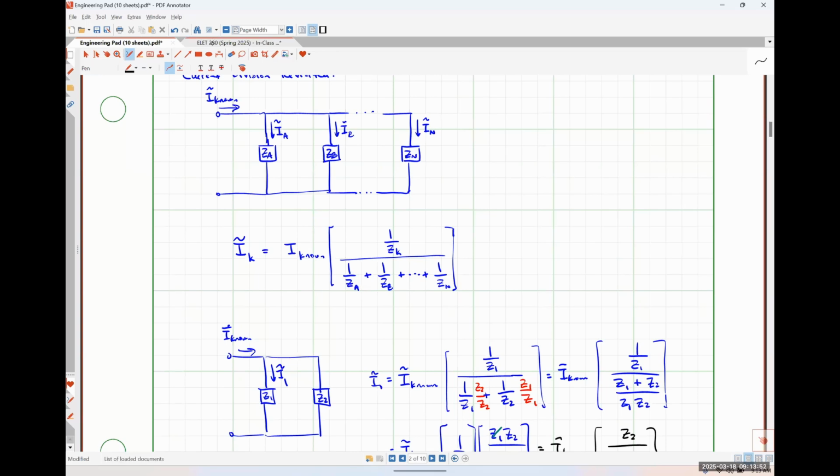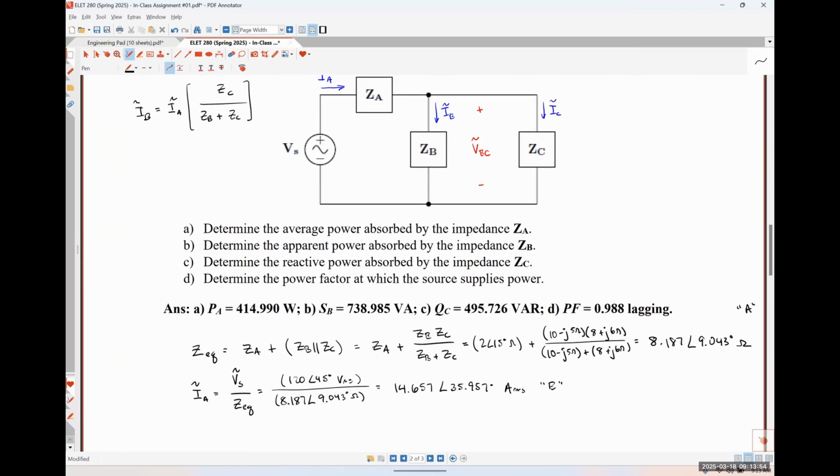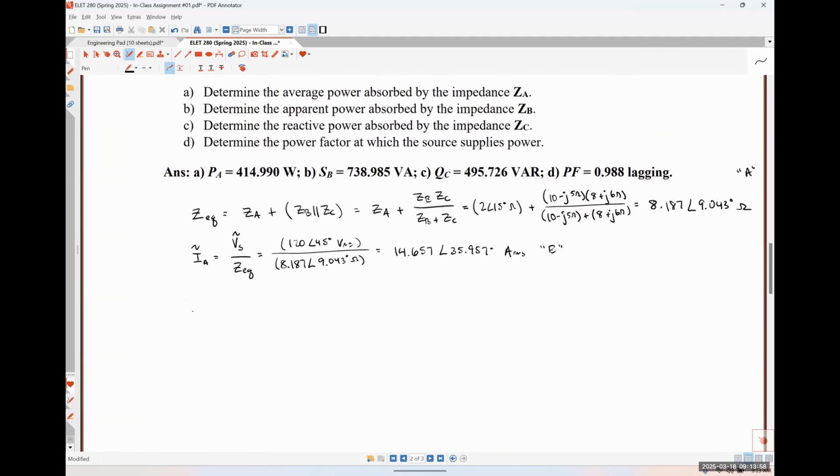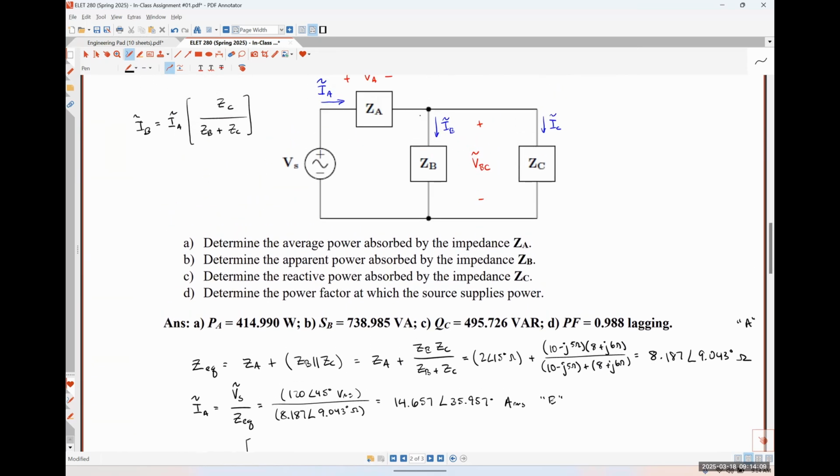So over here, for what it's worth, we could say that IB would be IA, that's our known current, right? We just solved for that. So IA is flowing into this node, and then it's dividing between impedance ZB and impedance ZC.